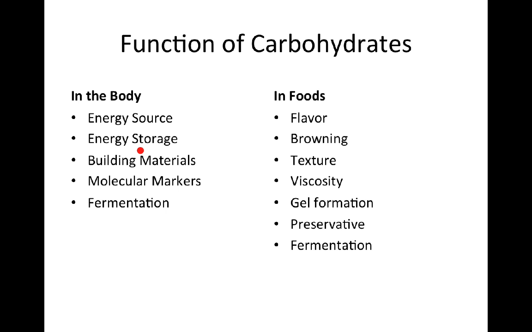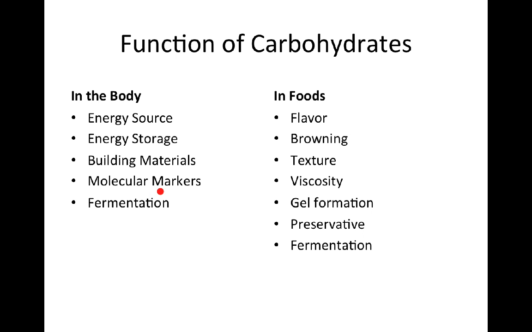It's not stored as much as fats are, but it is stored to a larger degree in the liver, and somewhat in your individual muscle cells as well. They can act as building materials for making other things, for amino acids, for example. They can actually mark cells, so you may be familiar with the ABO blood types.